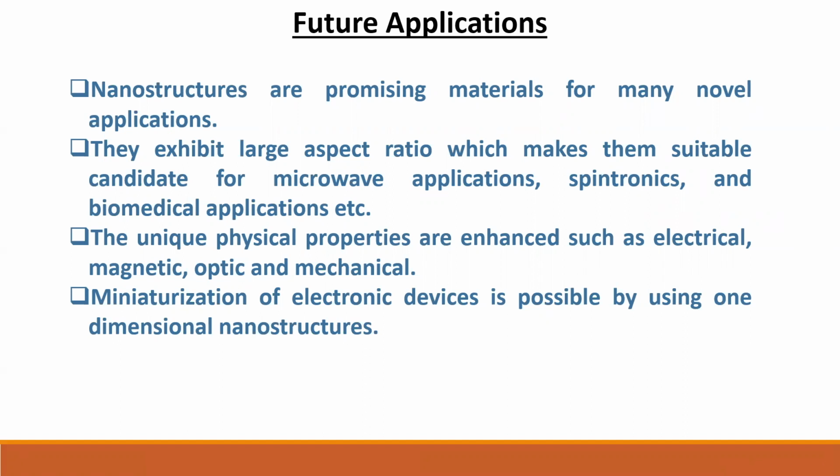Their unique physical properties, such as electrical, magnetic, optical, and mechanical properties, can be enhanced as compared to bulk materials. Then the miniaturization of electronic devices is possible by using one-dimensional nanostructures.